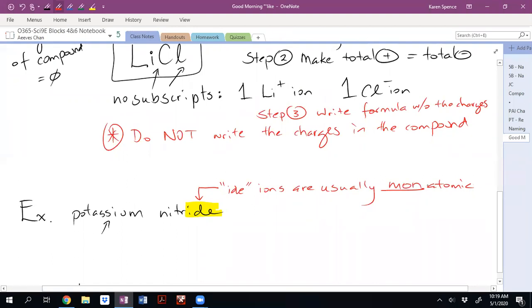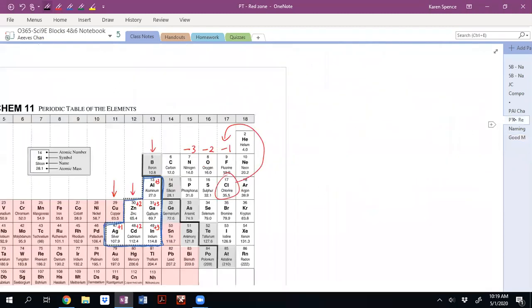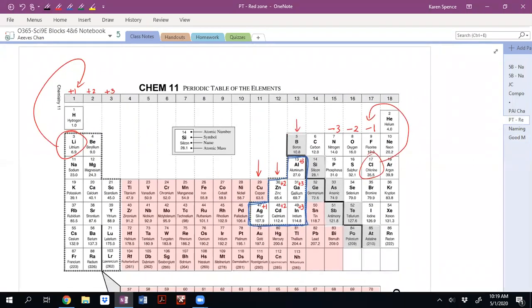Okay, so what that means is that I am looking at potassium, which I happen to know is K, and I'm looking at nitride, which I happen to know is N. I can go look up their charges on the periodic table. Potassium is in group number 1, just like lithium was, so again it is +1.